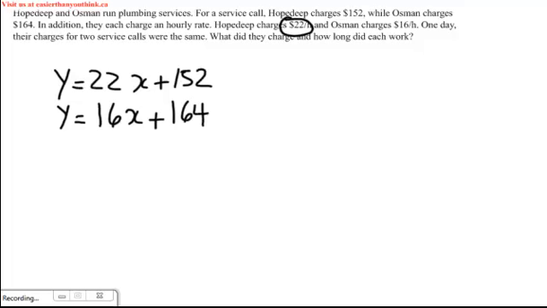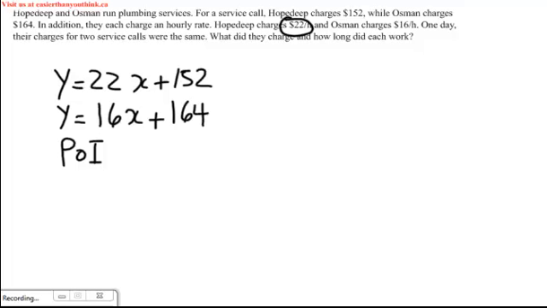X really represents time, and y represents the charge. 152 and 164 are the initial values, or the y-intercepts. So to find the POI, the technique that we have right now in our toolbox is graphing.